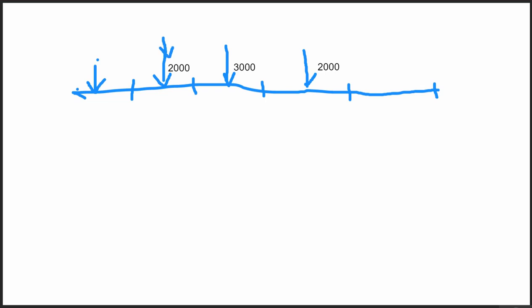We add 400 here, 400 here, all as uniformly distributed loads, and here another one. 400 for the light ship, 400 again here, 400, one more time 400, and one more time, and 400 again.